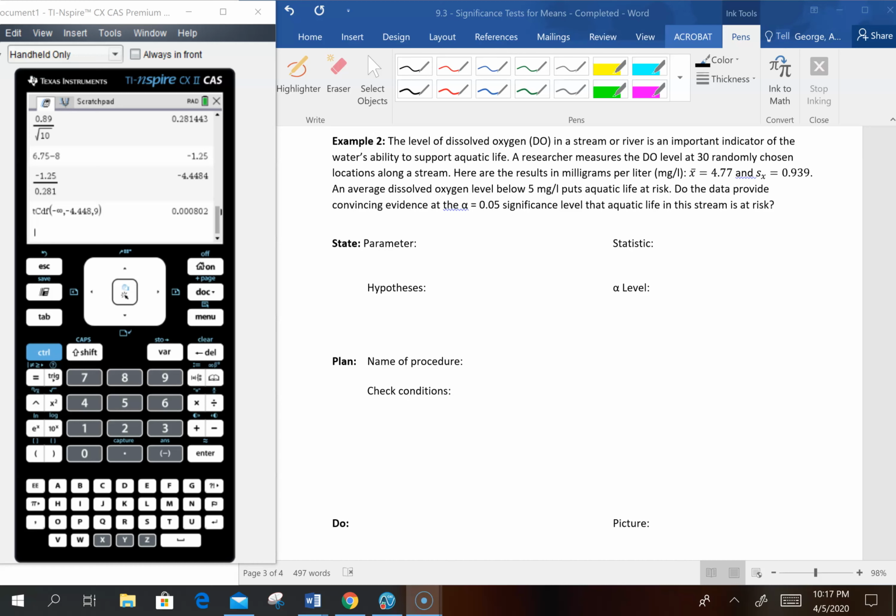An average dissolved oxygen level below 5 milligrams per liter puts aquatic life at risk. Do the data provide convincing evidence at the alpha equals 0.05 significance level that aquatic life in the stream is at risk? All right, so the average is below 5.